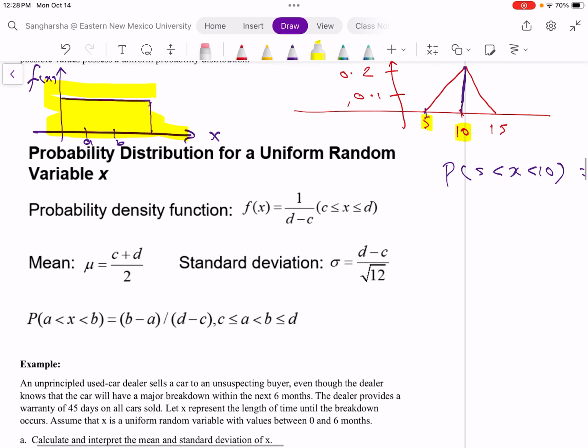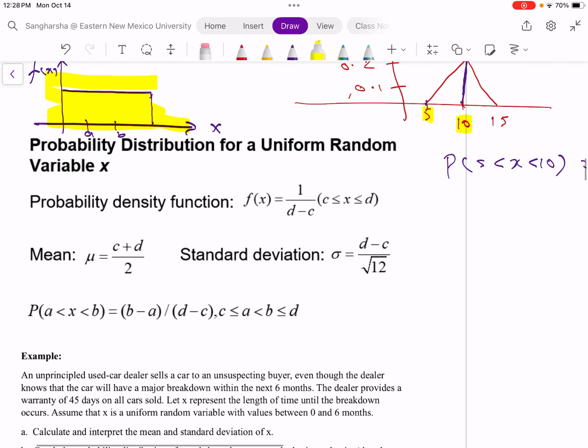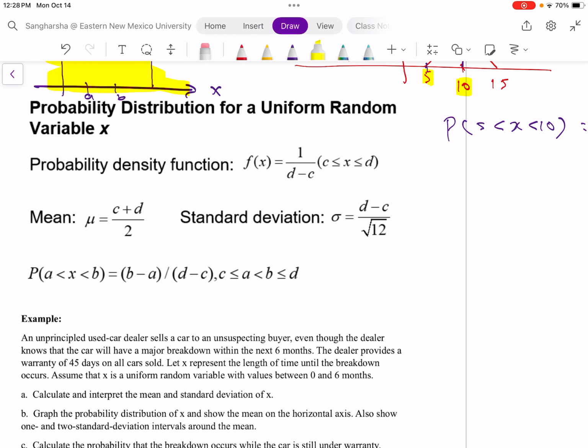Now, you are not required to find whether the function is uniform or not. It will be mentioned in the problem that the continuous random variable is uniform. So if you have a uniform, then you will be using these formulas here.